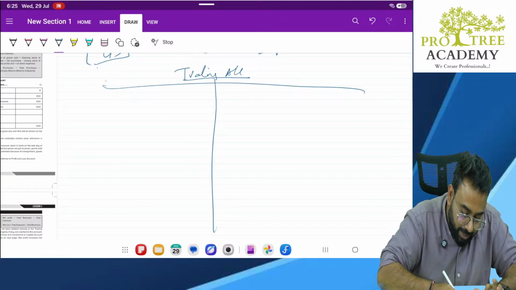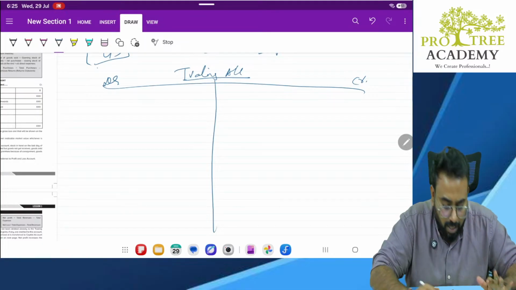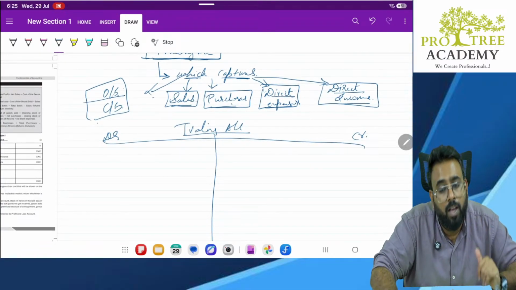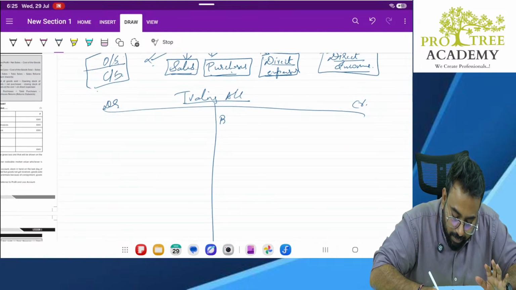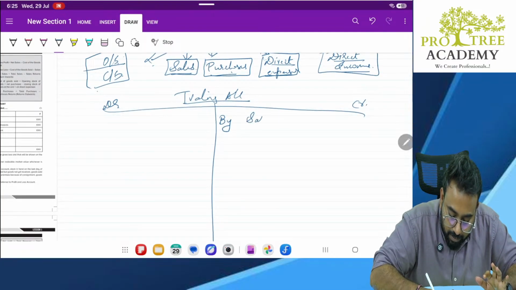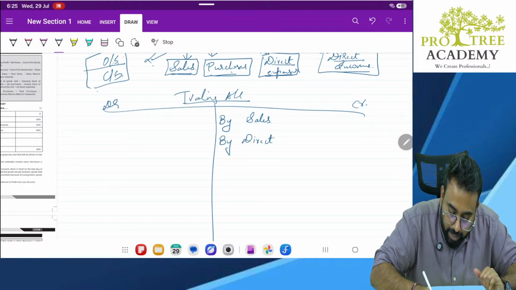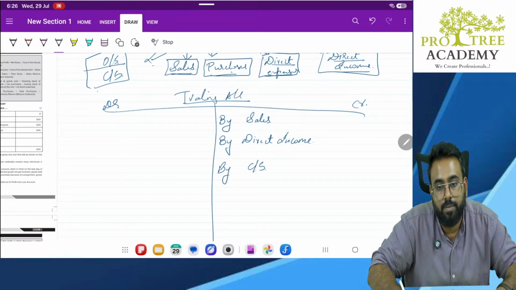Now let's understand how and where things are shown. Now you understood, how many items: 1, 2, 3, 4, 5, 6 items we have to show. Where to show it, sir? Simple. By sales, by direct income, by closing stock.